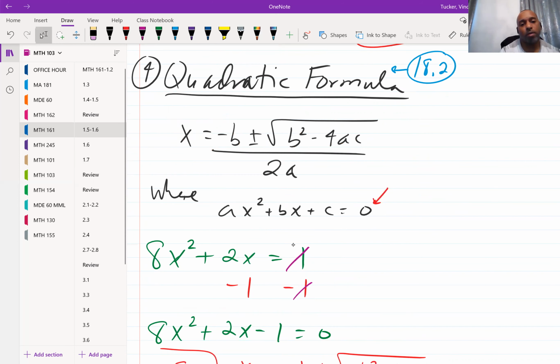You're able to solve for x by using the formula of negative b plus or minus square root of b squared minus 4ac over 2a, where ax squared plus bx plus c is equal to 0. That's just emphasizing once again that you want to set one side equal to 0 before you start this process.